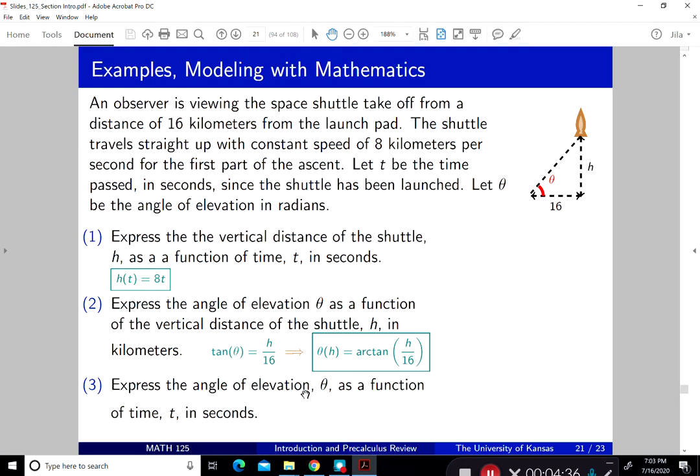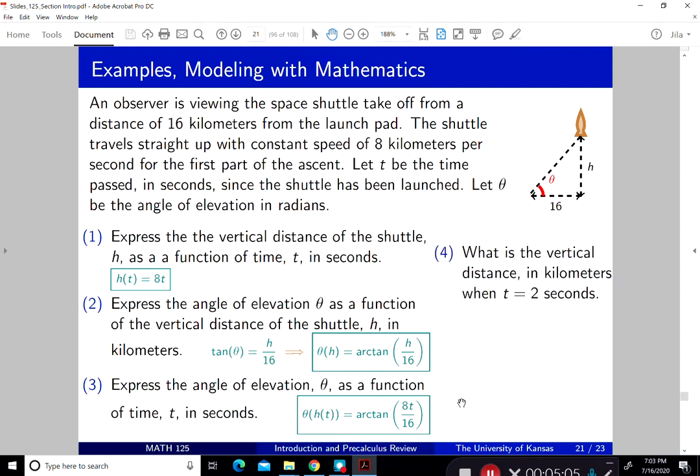So if I want to express theta as a function of t, I need a composition of the two functions, theta of h of t. The composition of functions becomes arctan of, instead of h, h of t, so it would be basically 8t over 16.